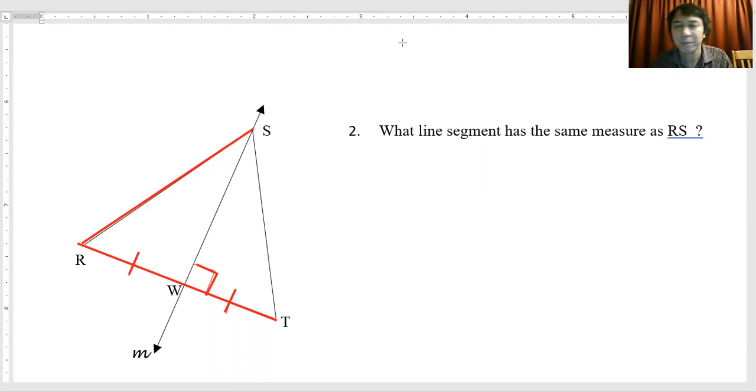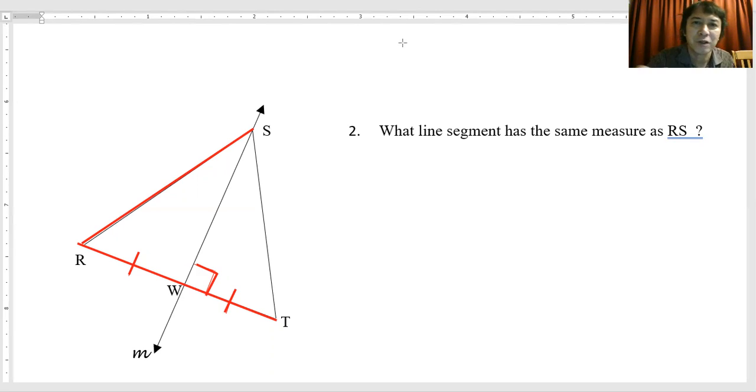And there's a theorem about perpendicular bisectors: if a point lies on the perpendicular bisector of a segment, then that point is equidistant to the endpoints of the segment. So it is very clear in this figure.